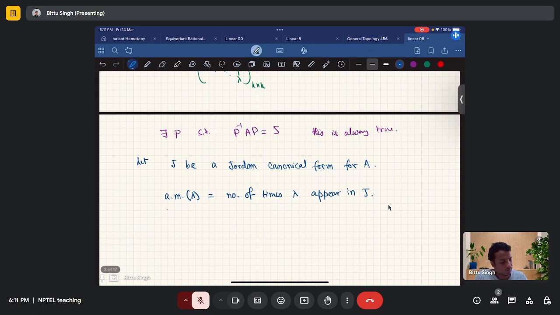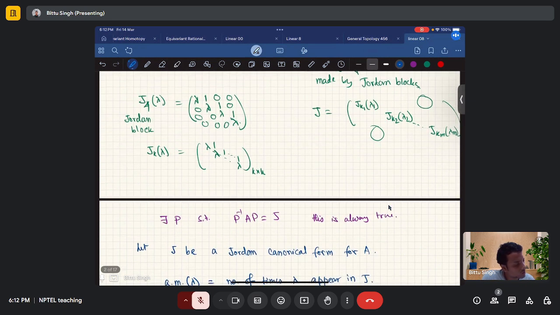Another thing is that this is the same as the sum of the sizes of the Jordan blocks corresponding to lambda.